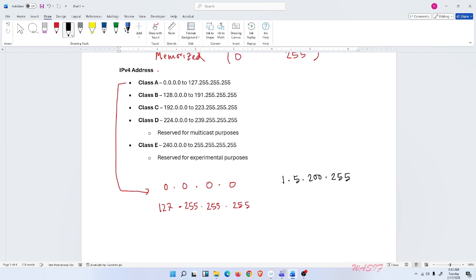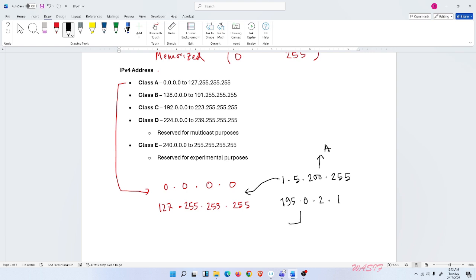Now look at here, if someone gives you an IP address which is 1.5.200.255, and someone gave you another IP address which is 195.0.2.1. The first thing that you will try is whether this IP address can fit in between these or not. If you can fit it, it is a class A IP address.